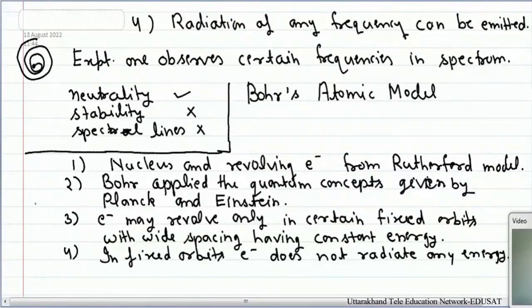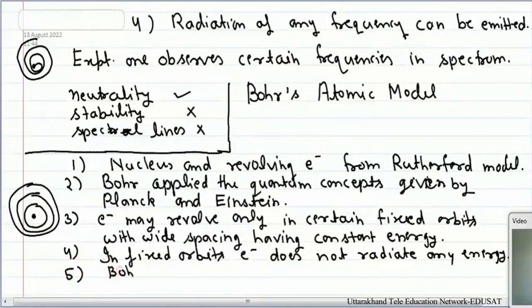But now in the Bohr atomic model, electrons are orbiting around the nucleus in the fixed orbit, and during revolution in this fixed orbit there is no loss in energy. So these orbits are stationary orbits and they have a particular value of energy. So the Bohr orbits are stationary orbits.